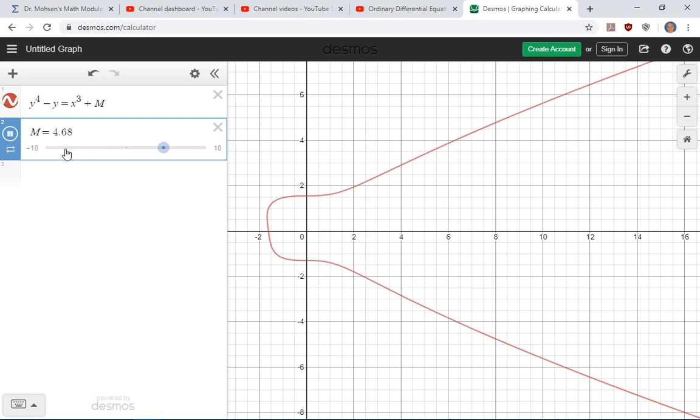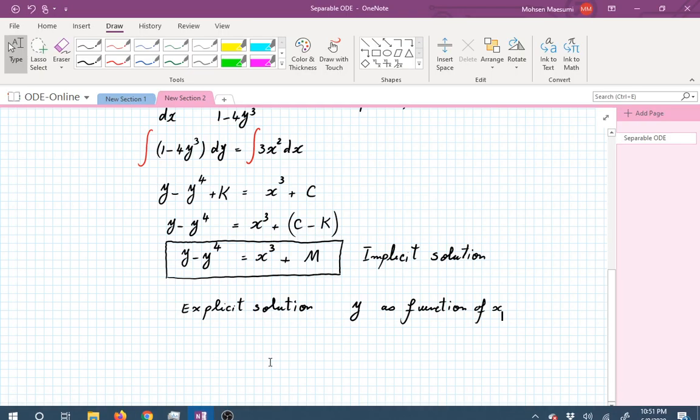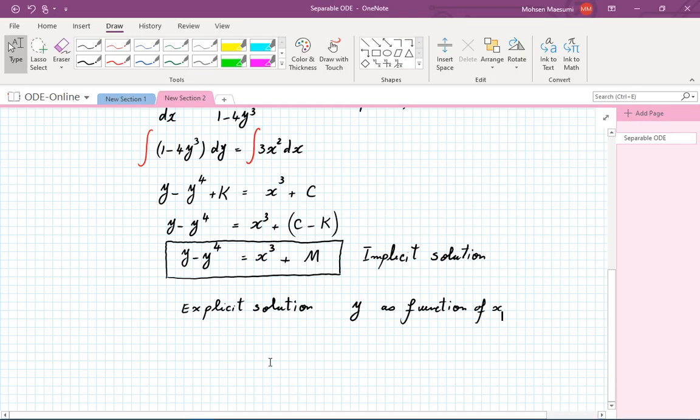Let me stop this and we go back to our lecture and continue. If you come across this kind of equation, the first line of defense is to get the implicit solution, and if the homework presses on for an explicit solution, then you have to take additional algebra steps, if that's possible, to find the corresponding equation.